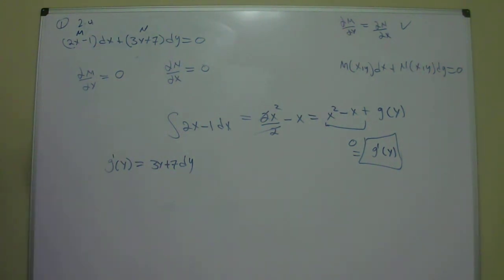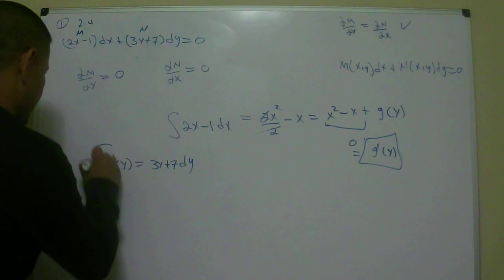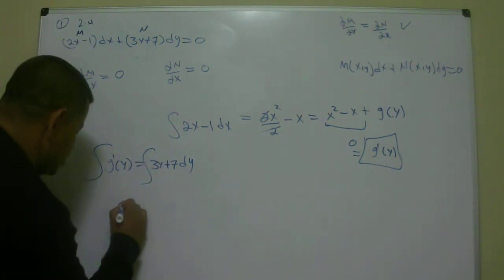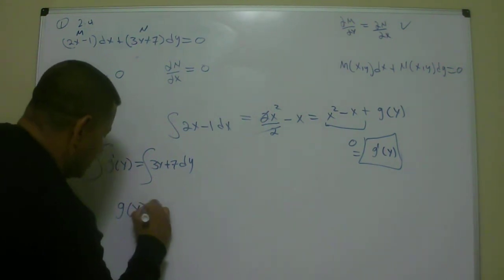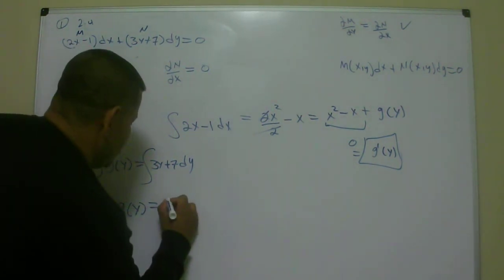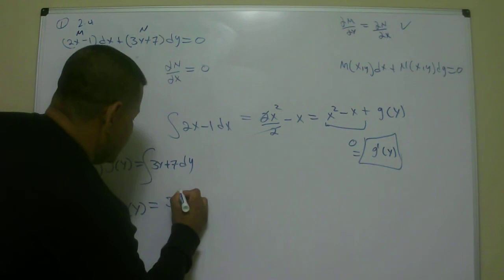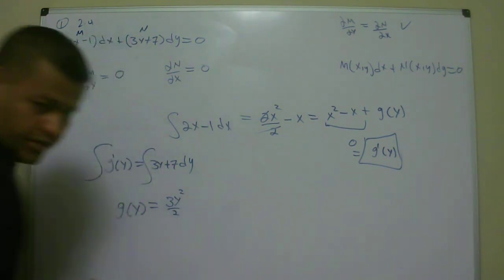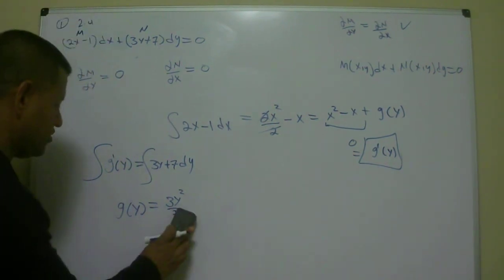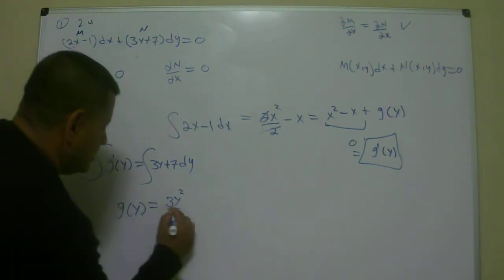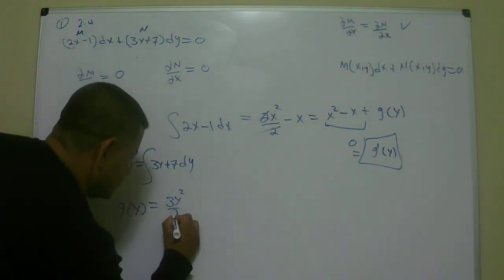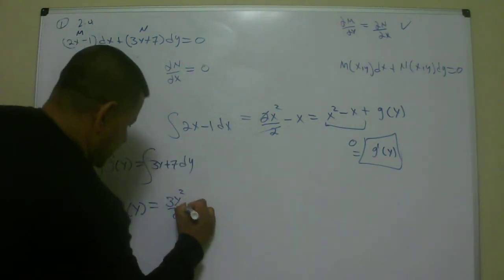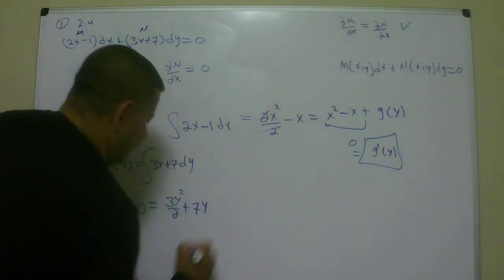Now I can actually integrate on both sides. When I integrate on both sides, I get g of y is equal to 3y squared over 2 plus 7y.